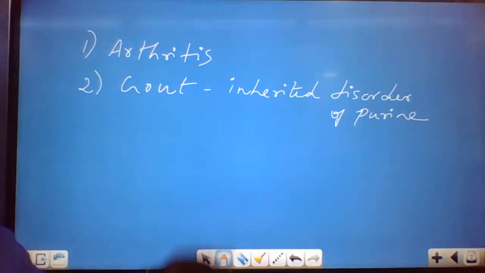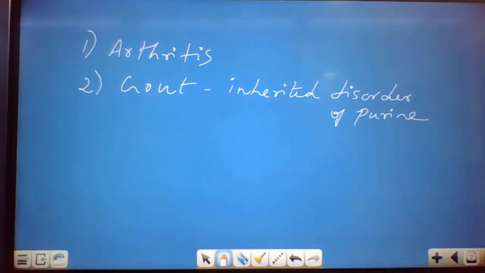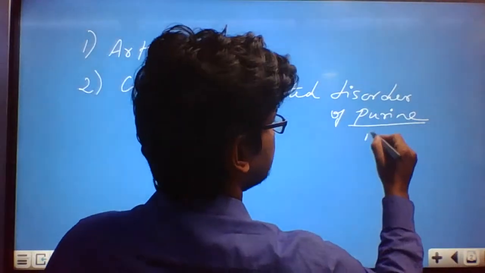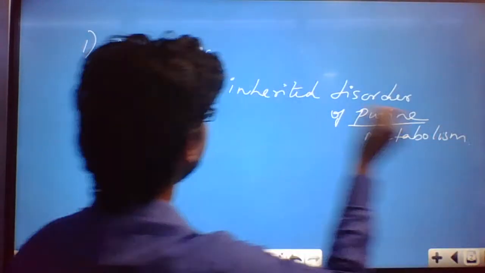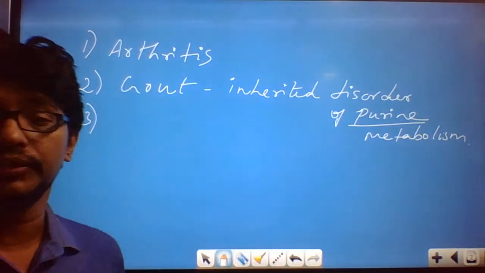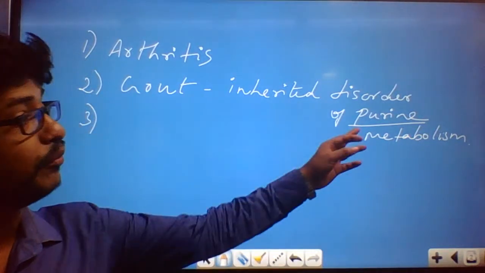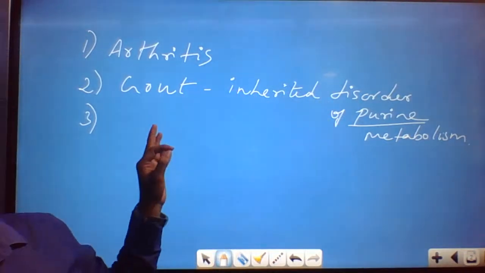So this is because of an inherited disease of purine. If something goes wrong with purine metabolism, this leads to the condition called gout. Mostly the question comes: which among the following is because of a deficiency in purine metabolism, the inherited disorder? It is gout.